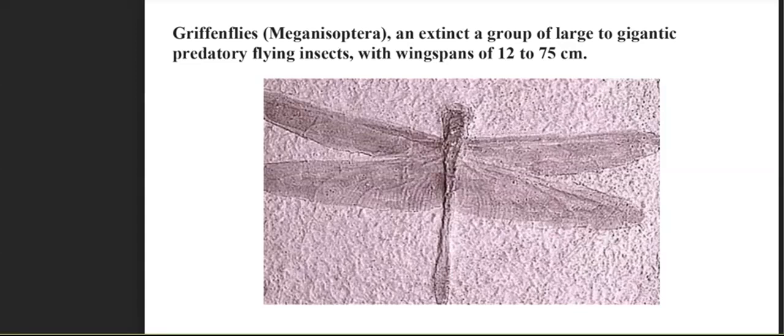That's why we know that there were very ancient types of dragonflies that lived millions of years ago. And they were huge. If you measure the wings, open wings, they can measure 12 to 75 centimeters. These are huge.